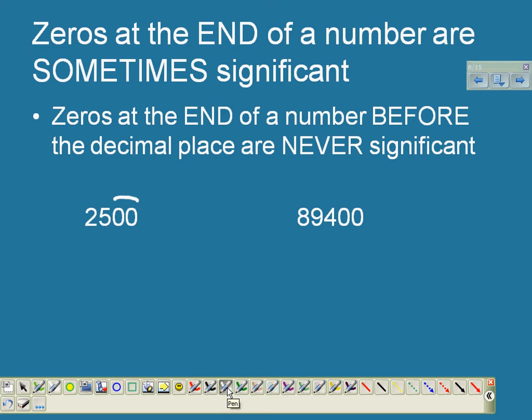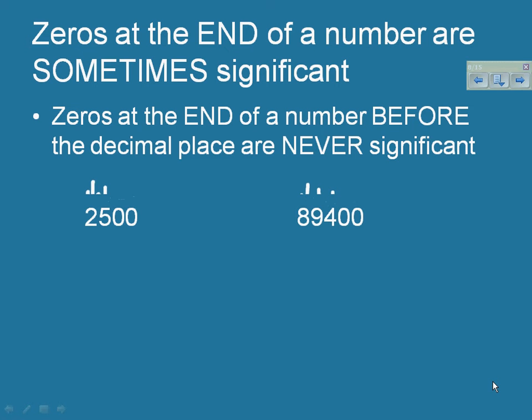So you're not going to count until you get to the 5. Count to the end of the number. So how many sig figs? Looking at 89,400, decimal is absent. Count sig figs from the right. Start counting with the 4 till the end of your digits. How many sig figs? And you should have 2 and 3.